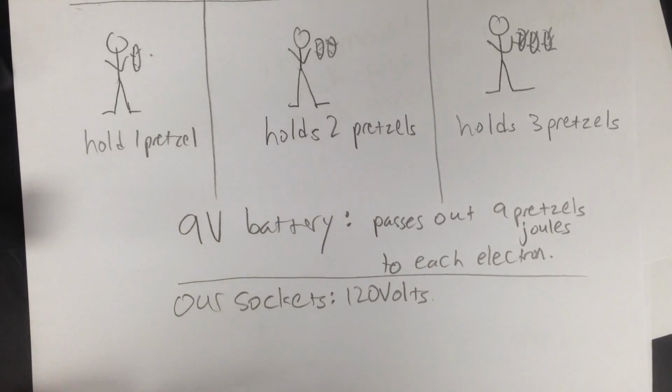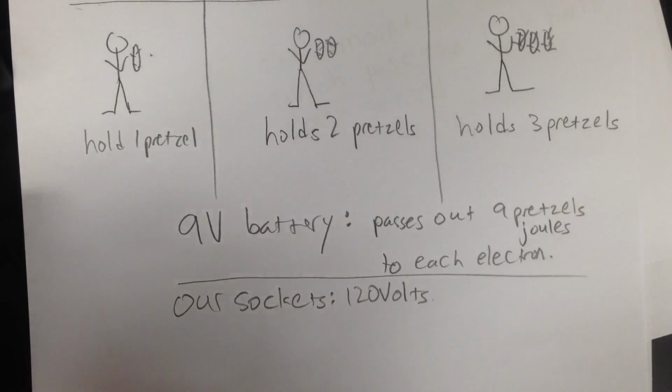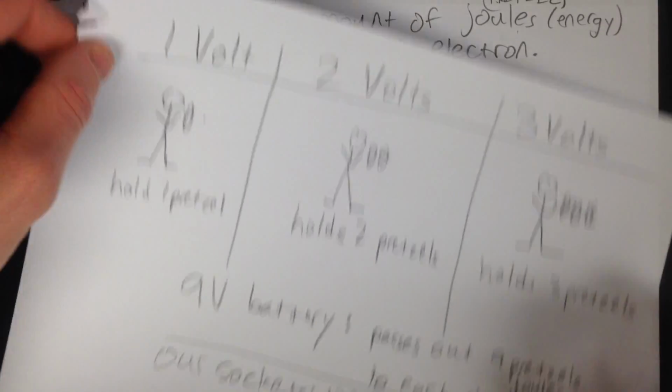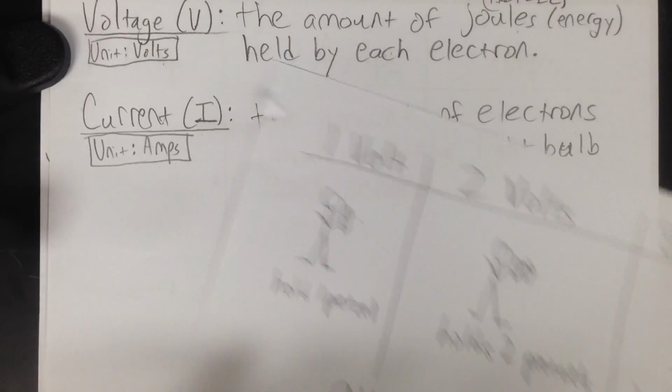Wow, so that means for each electron going into anything you plug into the wall, how many pretzels is each electron carrying? 120 pretzels. 120 joules. That's a lot, and that's why you get shocked if you were to stick your finger in the socket. Not a good idea, because there's so much energy held by each electron. Each one is carrying 120 pretzels. They can hardly hold them. 120 joules. And that energy is what shocks you.